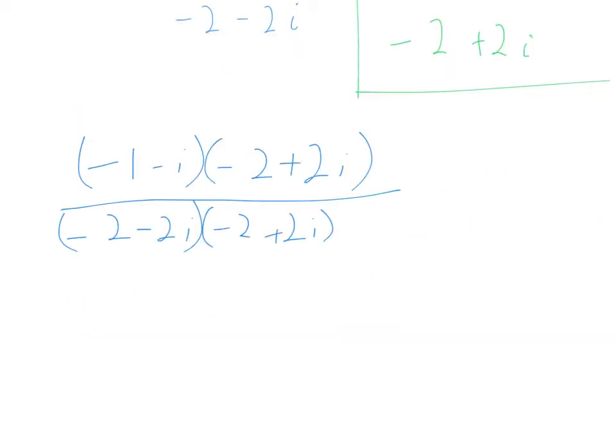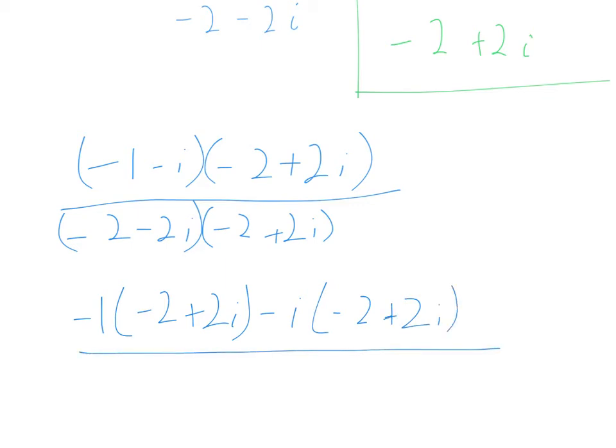Okay, so let's get multiplying now. We're going to break up the first bracket on the top and break up the first bracket on the bottom. So minus 1 times minus 2 plus 2i, minus i times minus 2 plus 2i. The bottom, we're going to break up the first bracket too.